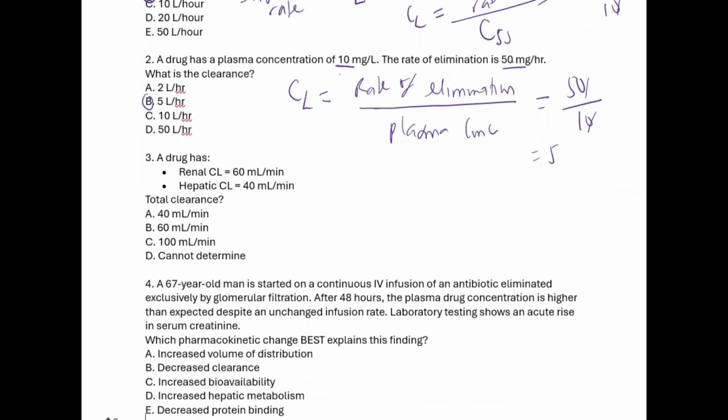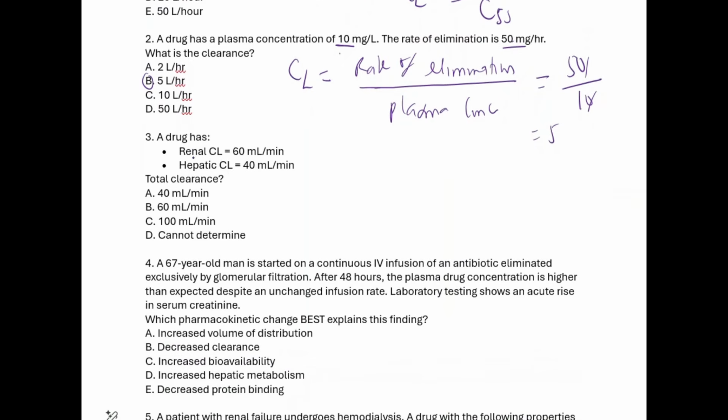Looking at the next question. A drug has a renal clearance of 60 milliliters per minute and a hepatic clearance of 40 milliliters per minute. What is the total clearance? Remember, I said that your total clearance is going to be the clearance done by the kidney plus the clearance of the liver or any other organ where that drug is being cleared in the body.